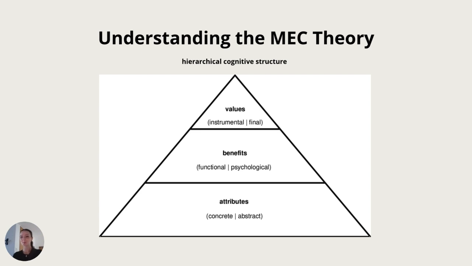In simpler terms, the means-end chain theory explains how consumers connect product features to personal values through a cognitive process. It's a hierarchical structure with three levels. The attributes, which are what a product has. This can be characteristics of a product, such as, for example, the color, the size, or also a function.